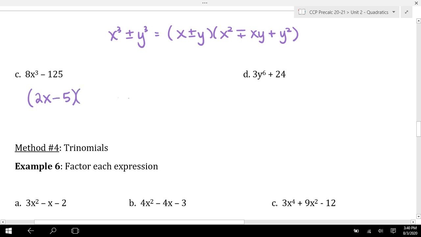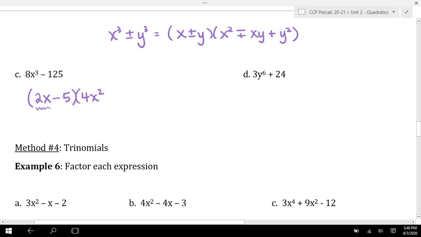Now my second factor is built on the 2x and the 5. We're kind of done with the 8x cubed minus 125. We're cutting it into pieces. Now let's base our second factor on the 2x and the 5. So first term becomes that first term squared. Okay, so it's 2x squared, which makes 4x squared. Don't forget to square the 2. Don't forget to square the x.